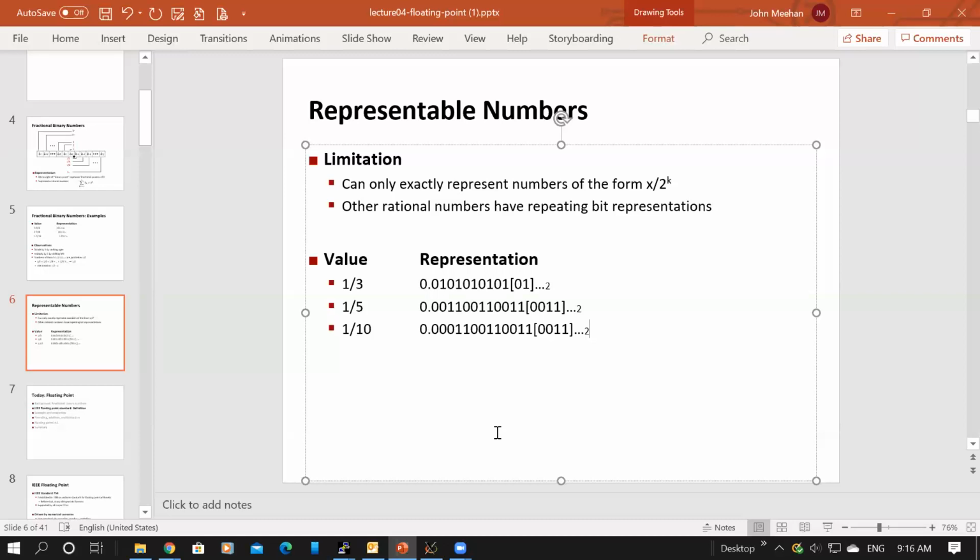So whatever base you pick for your number system, there are going to be things that you can't exactly represent, but you can approximate them with whatever degree of precision you have available. That's true of any number based system.